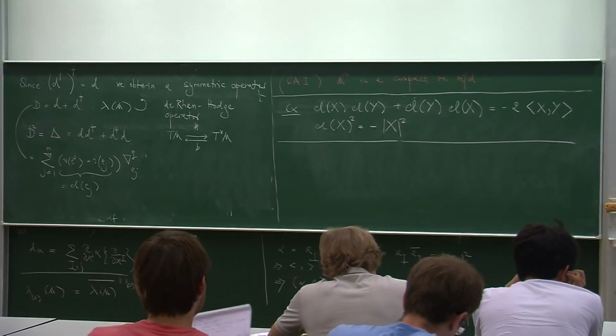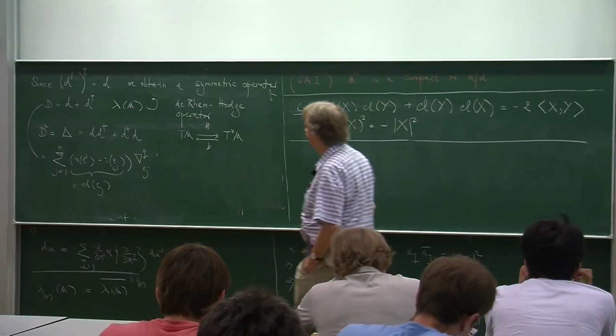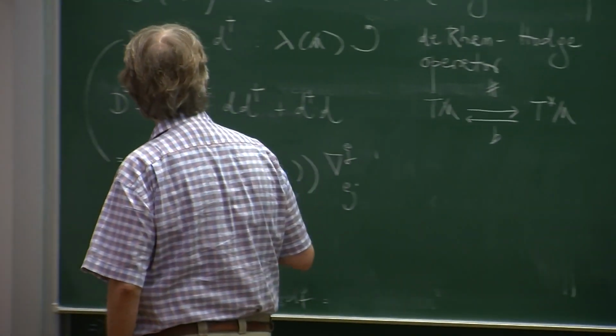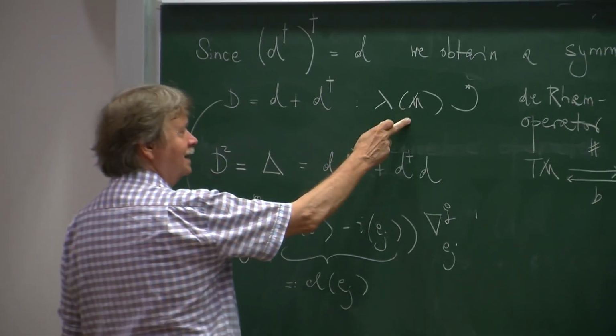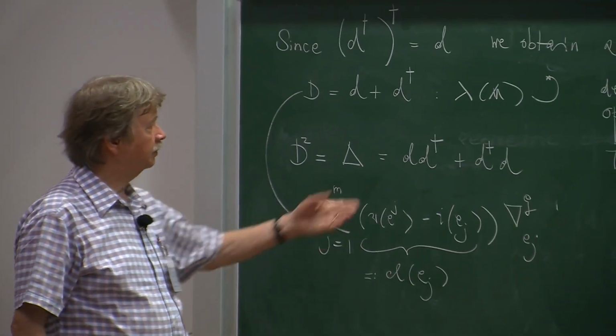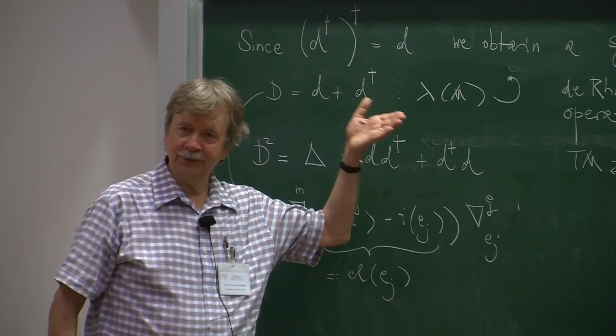Not really. Remember, the goal is to do spectral theory. And now we have an operator which is defined on a dense subspace in L2, but not on all of L2. We have to differentiate.